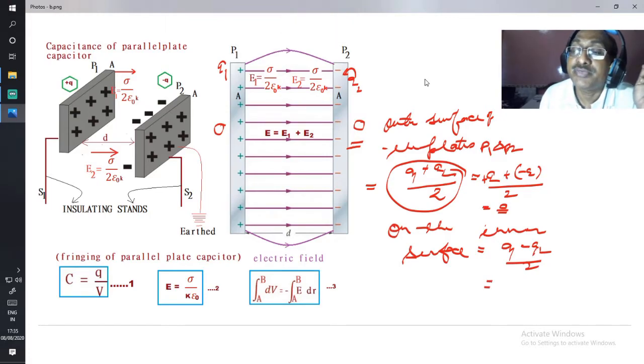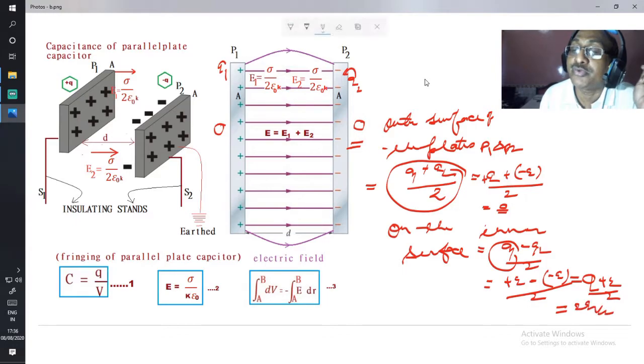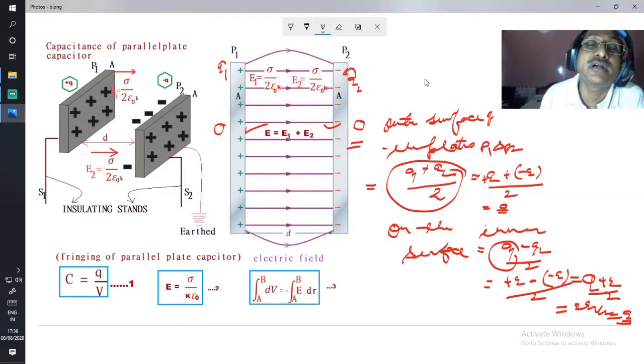It becomes Q1 that is plus Q, Q2 that is minus Q, so (Q plus Q) upon 2 equals 2Q upon 2 equals Q. Therefore, the magnitude of charge on the inner surface of the plates P1 and P2 is Q.